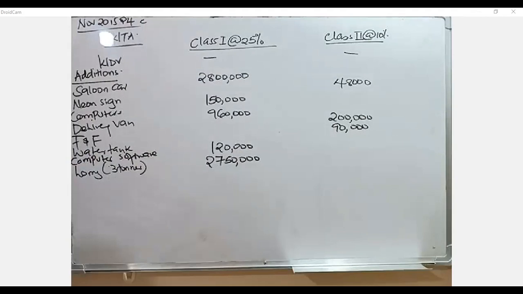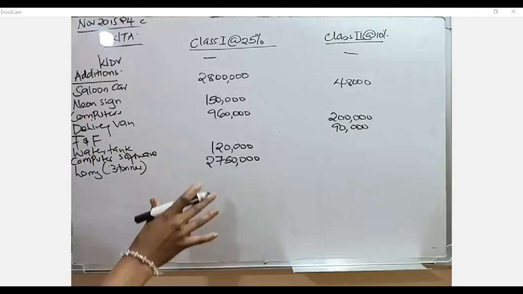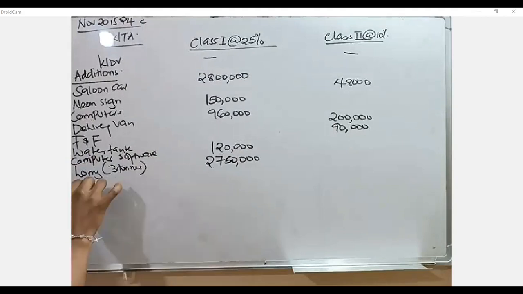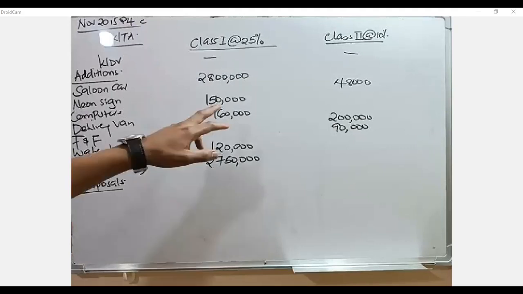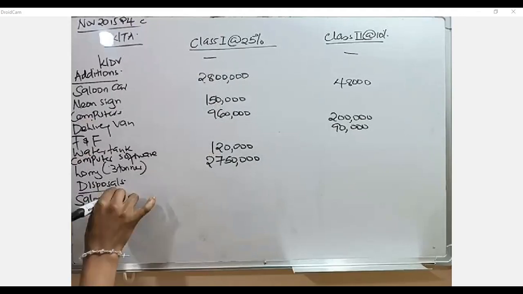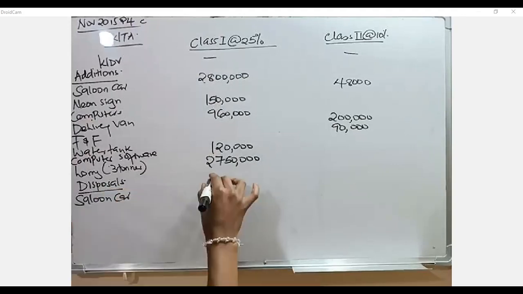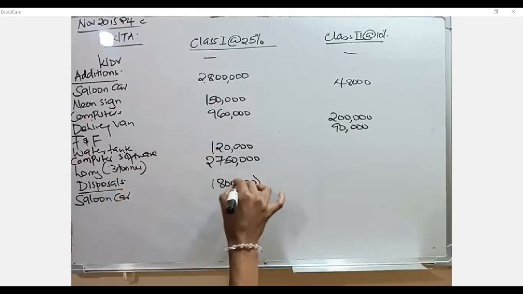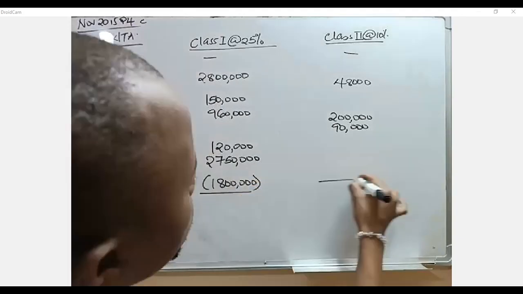Now, after this, you look at the disposals, because I know there are disposals. Disposals are very easy. The saloon car, if it is restricted here, is the only one where the examiner tries to confuse students. Note number 3, I've been told the saloon car was disposed of on 1st December 2014 at 1.8 million. You subtract. What are we supposed to be getting here?